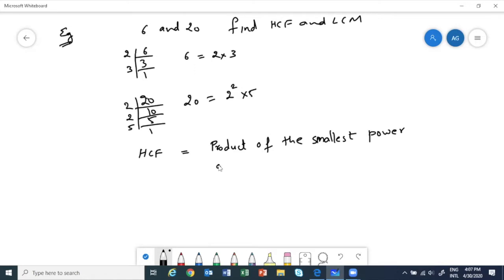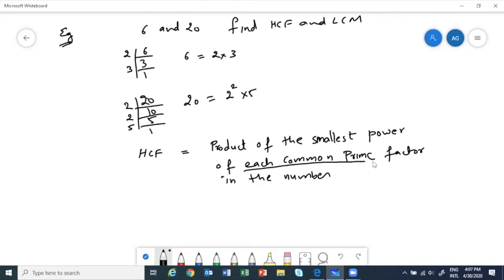Each common prime factor, this is the key word here.